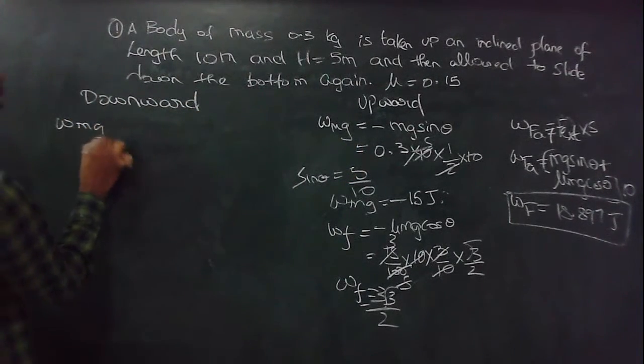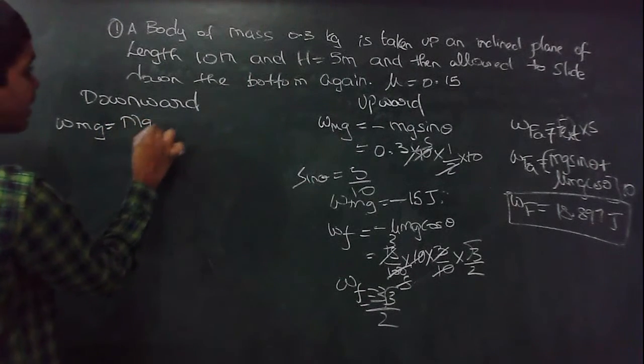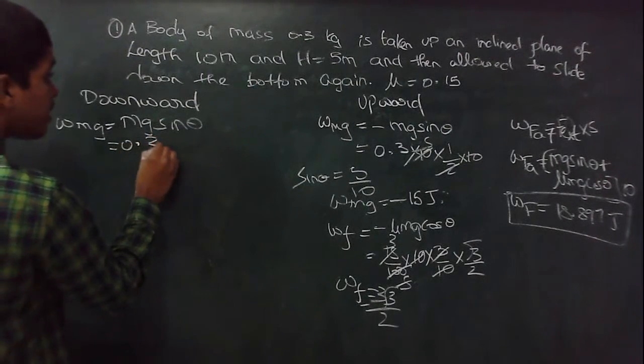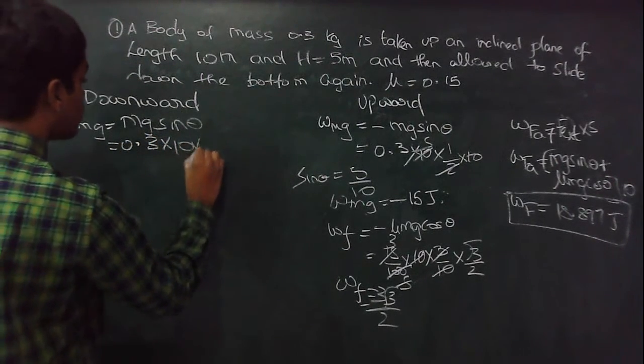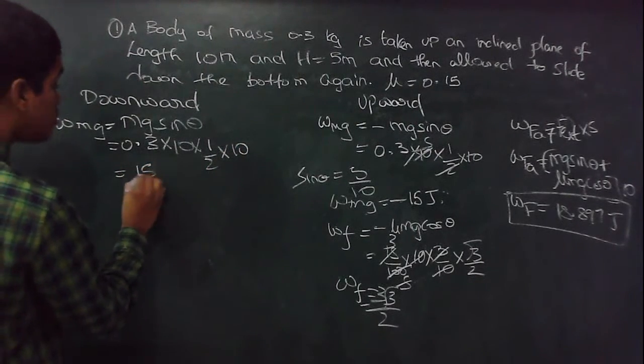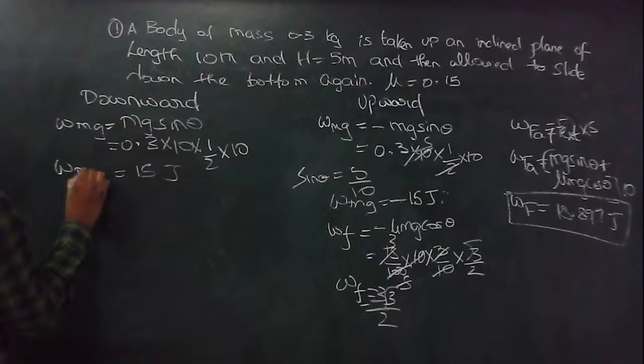W_mg is equal to mg sin theta. That includes 0.3 into 10 into 1 by 2 into 10, that is 15 joules, W_mg.